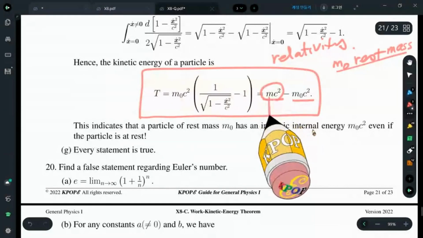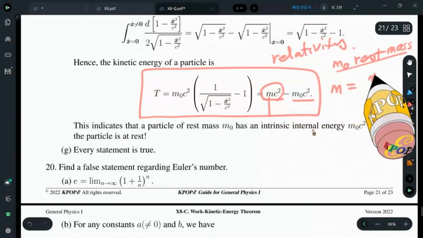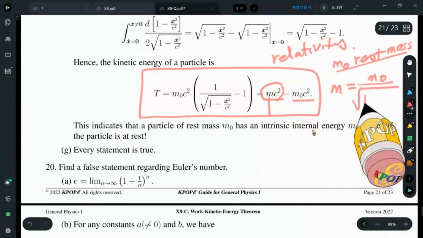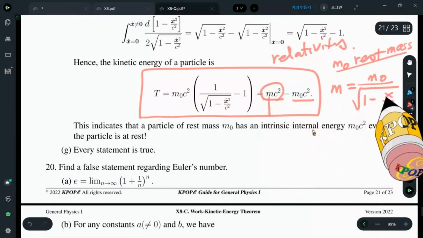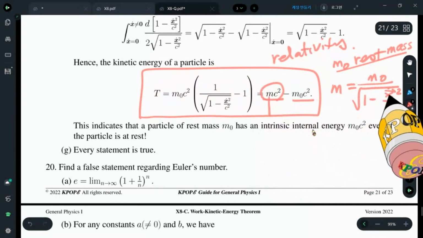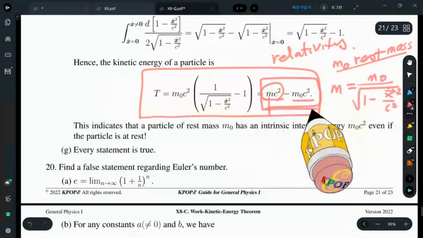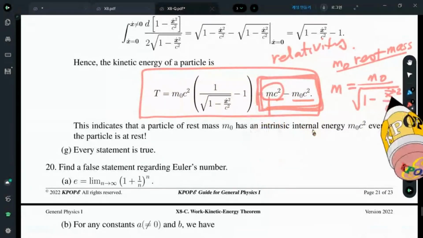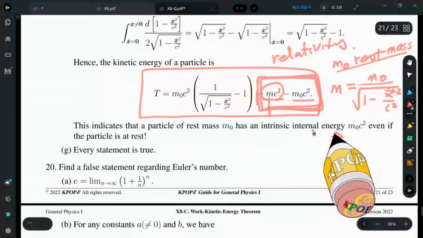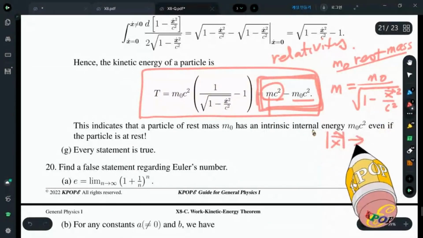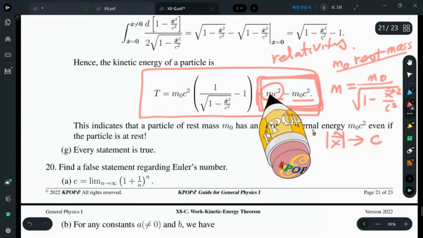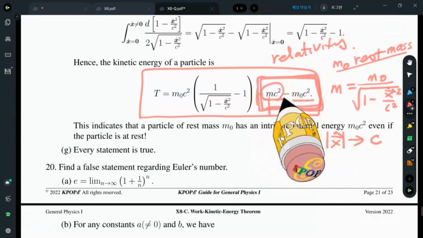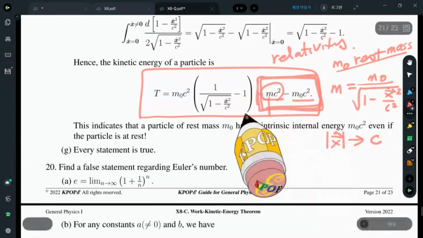And this m is a particle's mass when it is moving. And this difference is quite large. In the limit where the speed of the particle approaches the speed of light, it can grow to infinity.